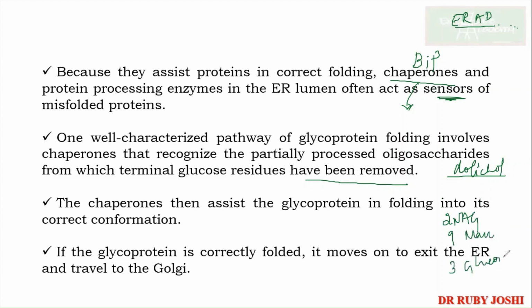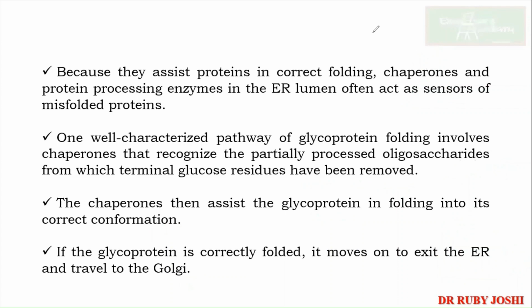And I said that once processing of the protein starts, the glucose are removed. This is understood by those chaperones, which then help in glycoprotein folding so that it goes into the correct formation. If the glycoprotein is correctly folded, it will go to the Golgi for further modification.